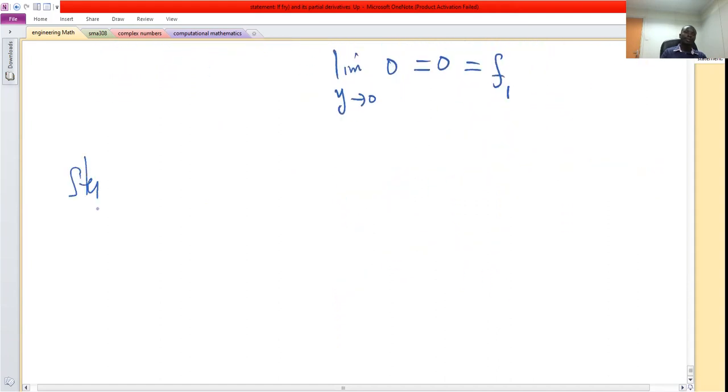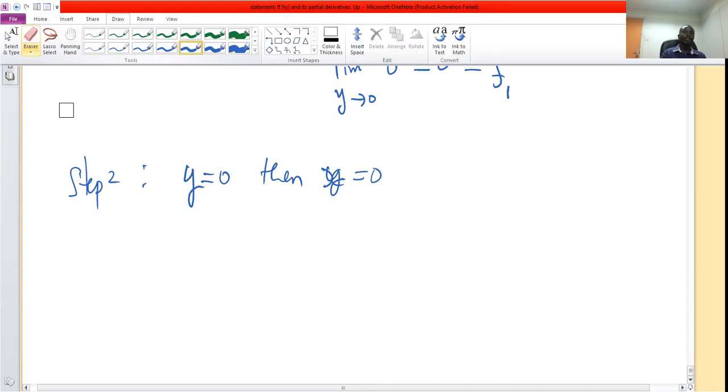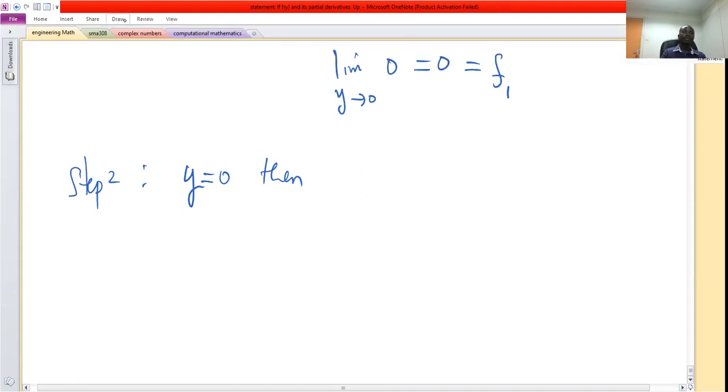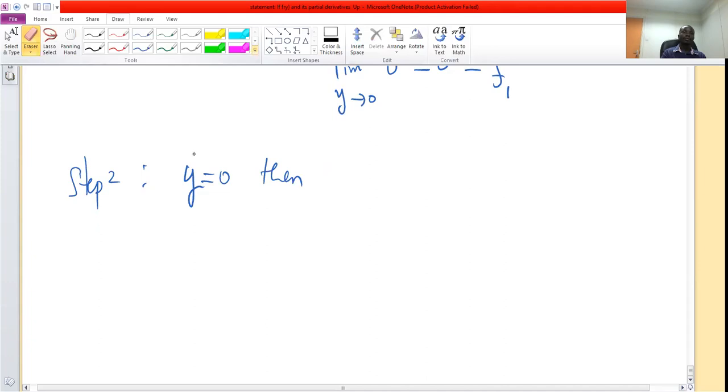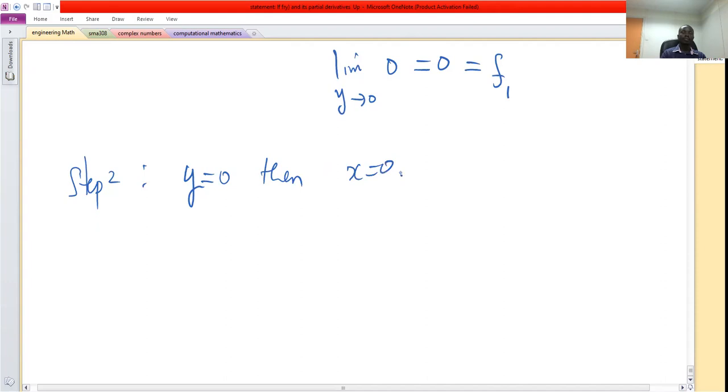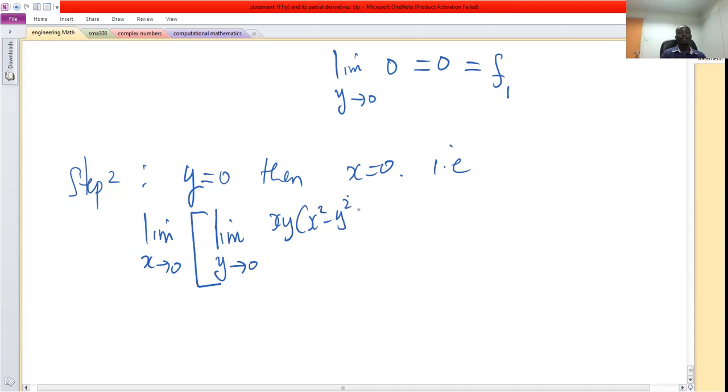Step 2, we let y be 0, then x equals 0. So simply we reverse the steps we have taken in 1, i.e., the limit as x approaches 0 of the limit as y approaches 0 of xy(x squared minus y squared) divided by x squared plus y squared.